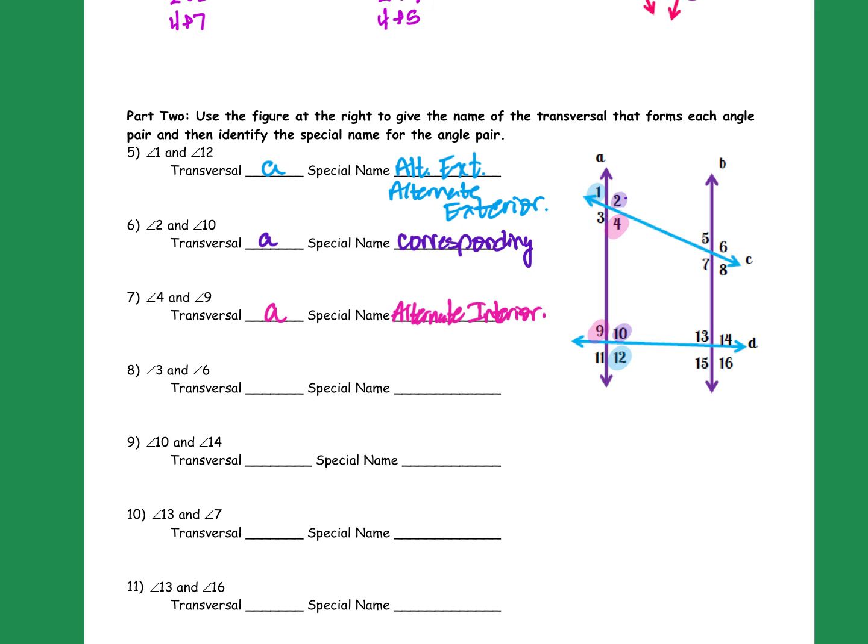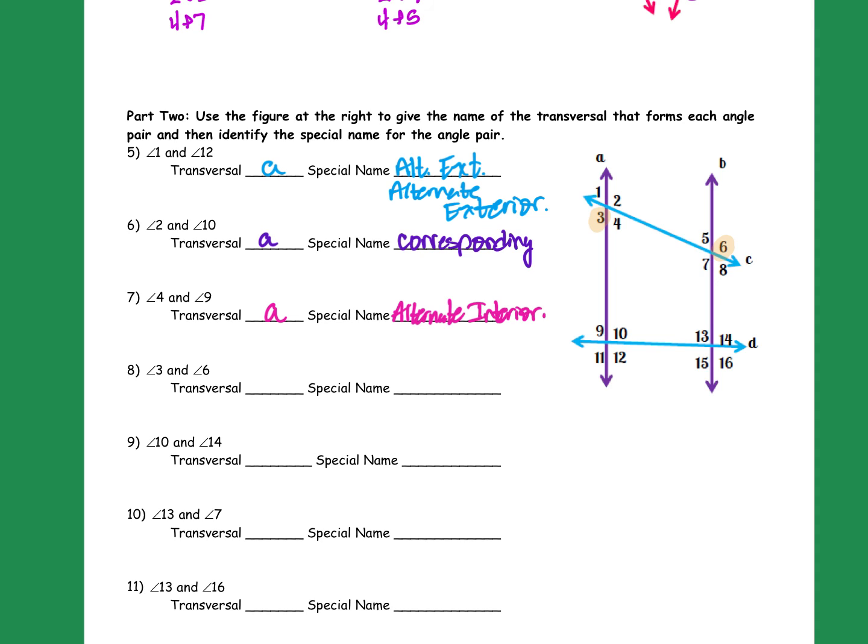Okay, so I'm going to erase all of these really quick because it's starting to get a little messy over here. And we want to look at, what angles are we looking at now? 3 and 6. So now what's my transversal? What letter is my transversal?